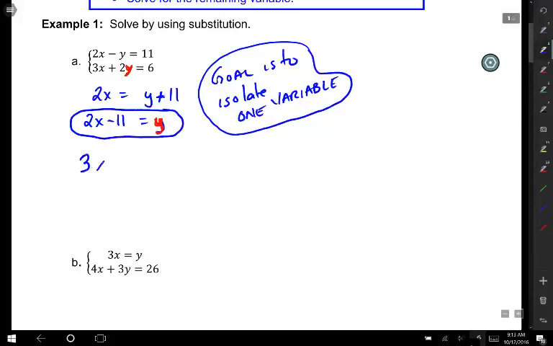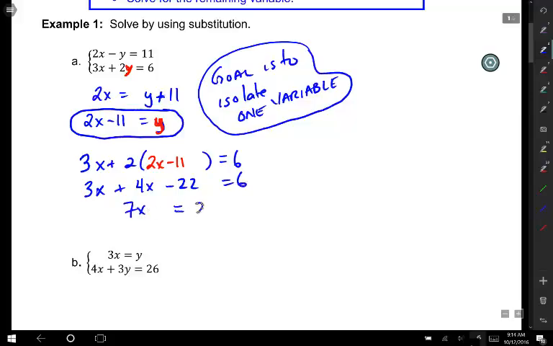So here we go, 3x plus 2 parentheses, 2x minus 11 equals 6. So I replaced the y with 2x minus 11. I substituted. Now we distribute. 3x plus 4x minus 22 equals 6. Combine your x's and add your 22.